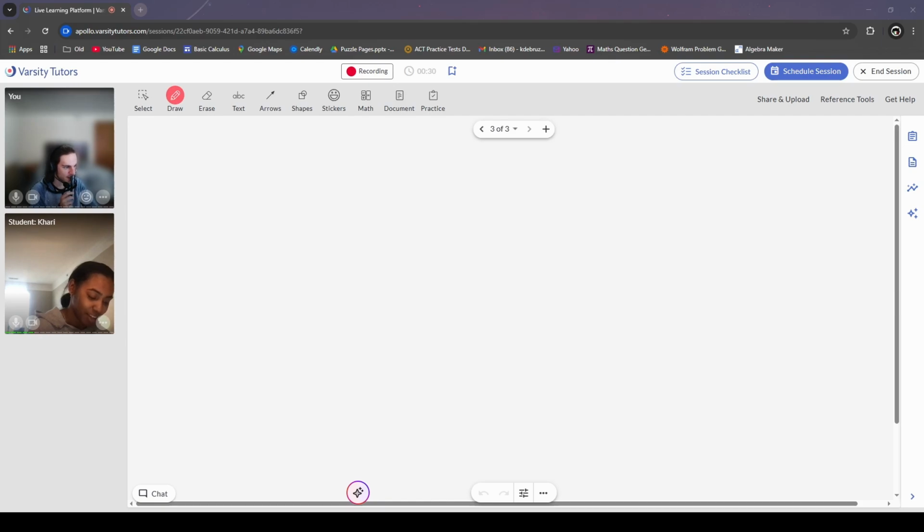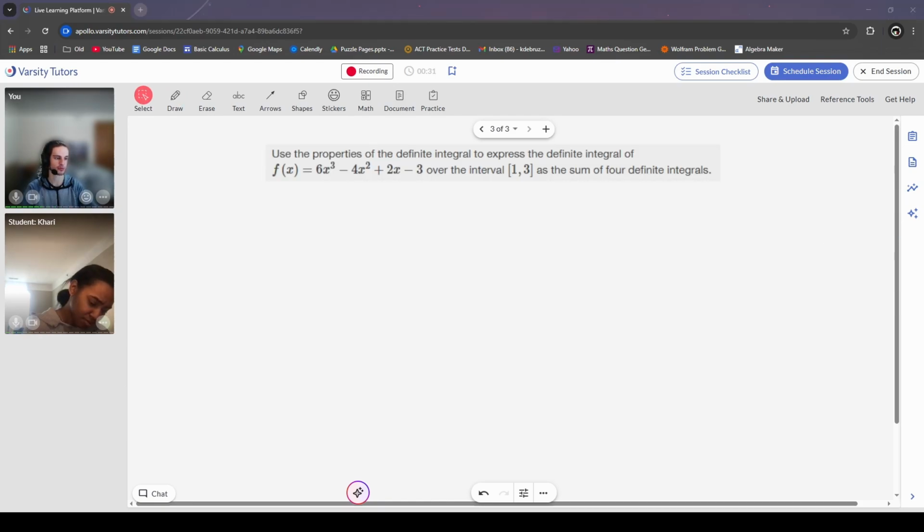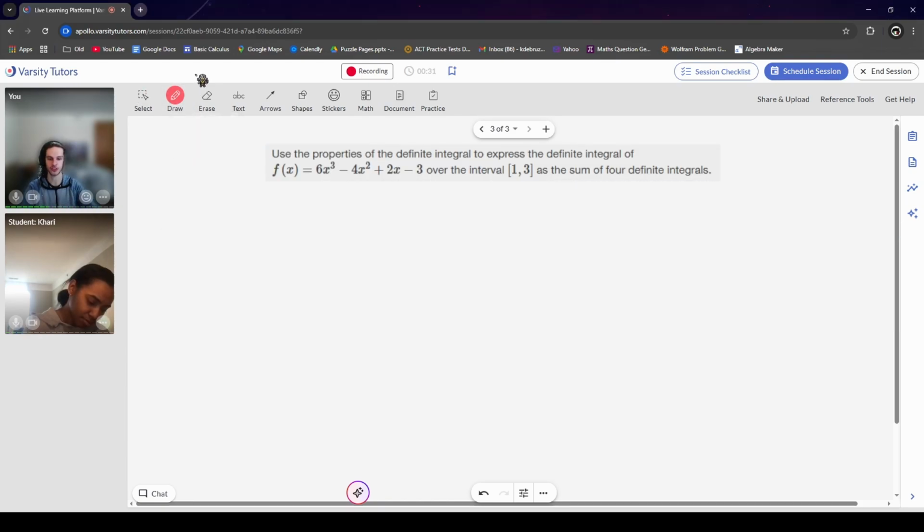Yeah. So before we even start trying to solve this, how are we going to write out the integral? Each term, so the integral of 6x cubed dx minus the integral. Yeah, I was just saying we would write integral from 1 to 3. Yes. I'm talking about the very, very beginning.